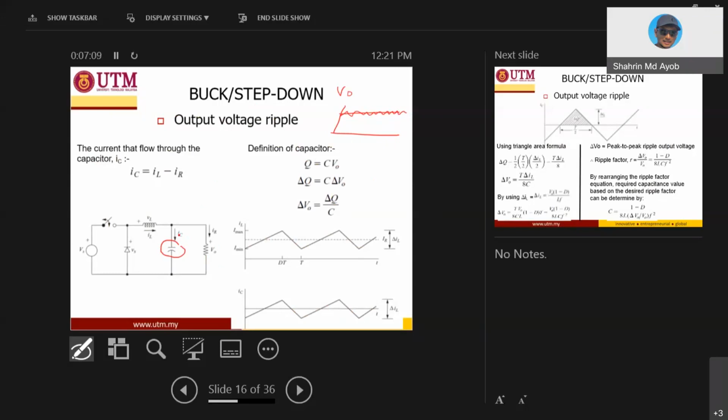But when your capacitor is very large, your system will be very heavy. So to optimize the system, if you know a small capacitor is enough, why would you put a big capacitor, right? That's why we need to do some calculation to know exactly the size of the capacitor to obtain the required ripple.